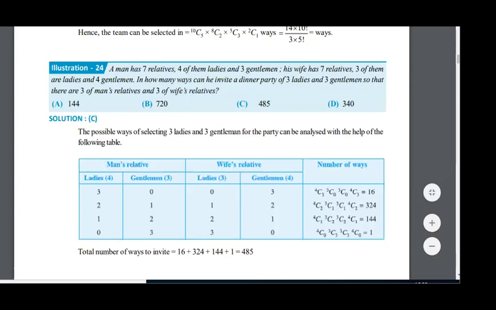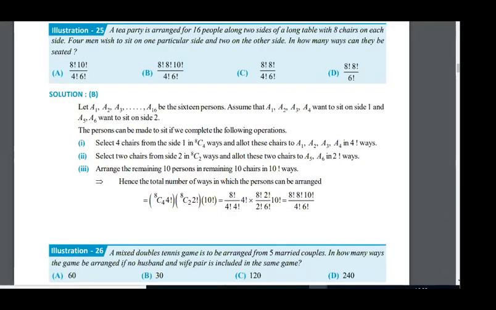Okay, let's see. Next question, everyone. Question 25. Everyone, just go to question 25. Read question 25 first. Do not see the solution first.